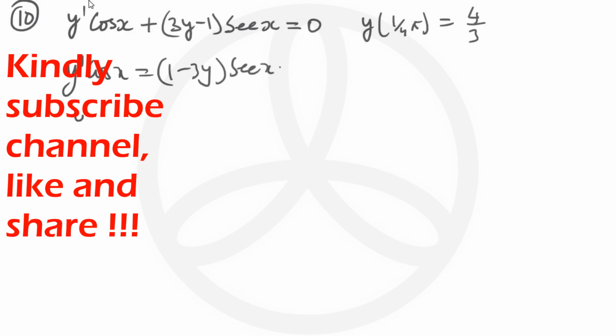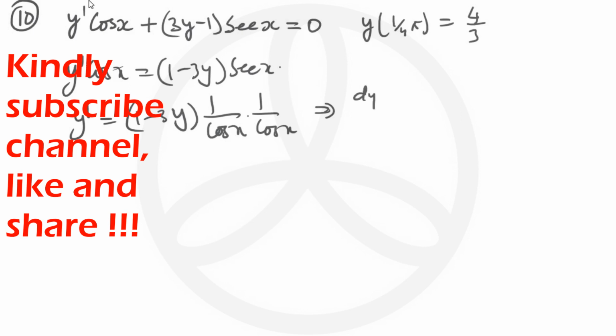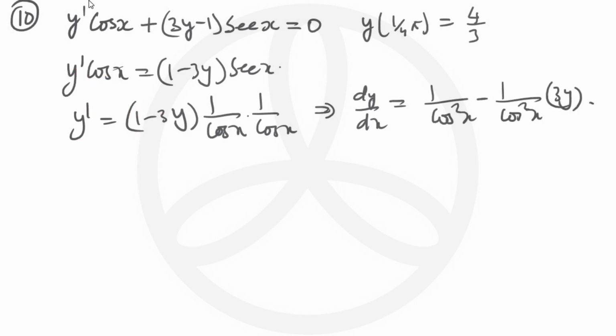sec x, and y prime is equal to 1 over cos x, and this I bring here and multiply. This will again be 1 over cos x. And dy/dx is equal to 1 over cos square x minus 1 over cos square x multiplied by 3y.